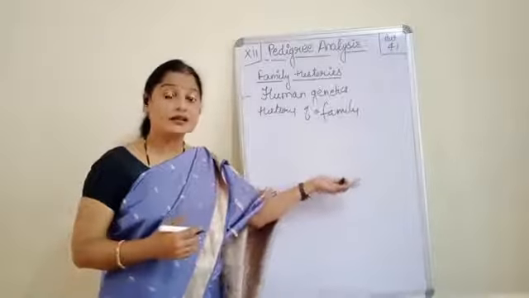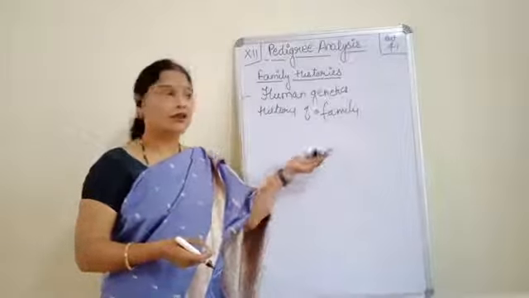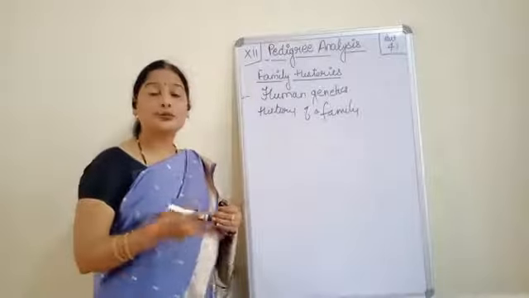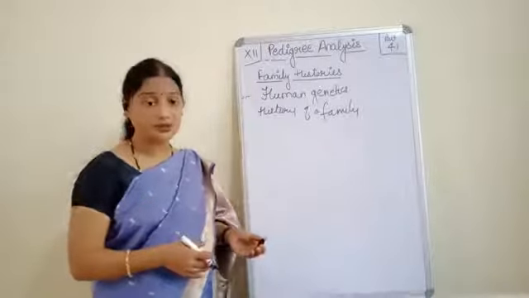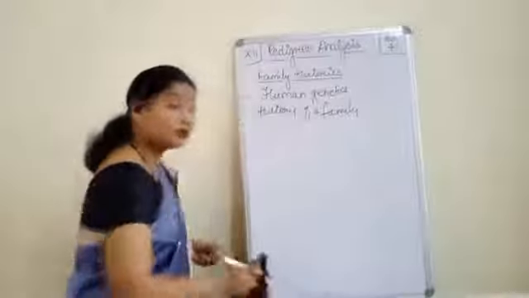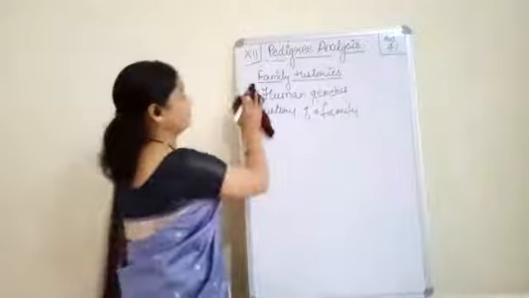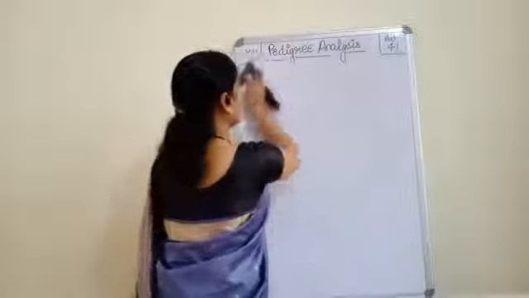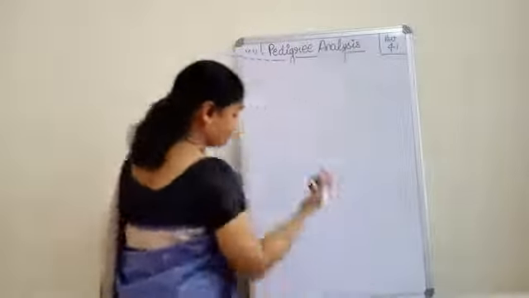Now see, how a person can have the pedigree. Before we see some examples, our scientists have prepared some symbols. So first we will see the symbols of pedigree analysis, and then only we will be able to solve. Now see, we have some symbols.